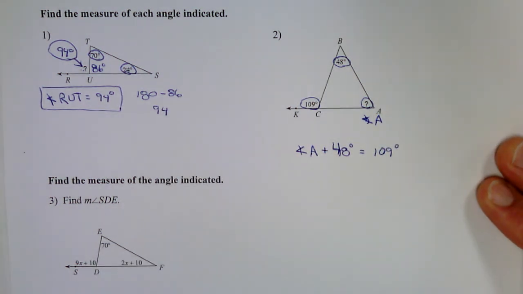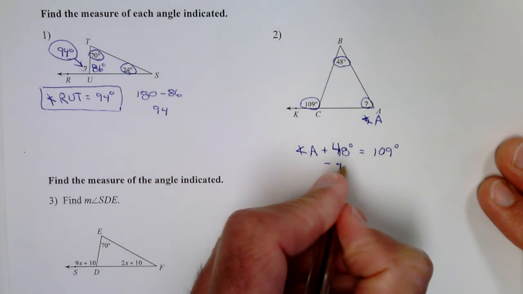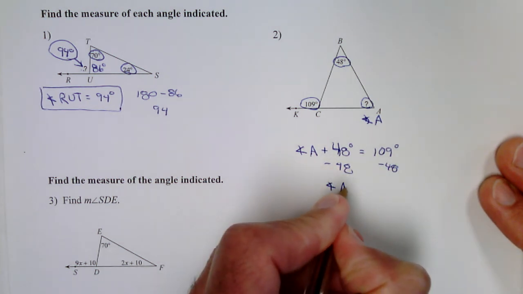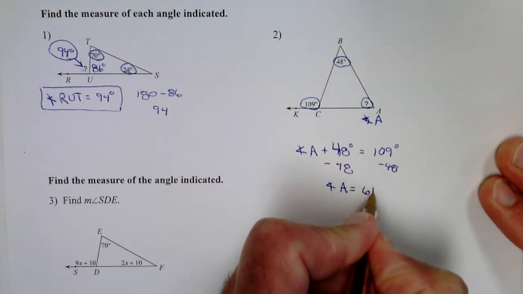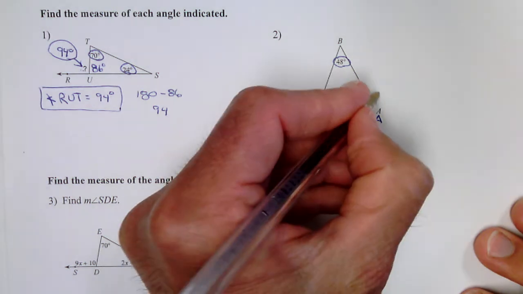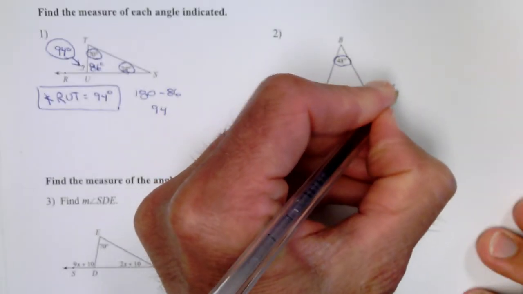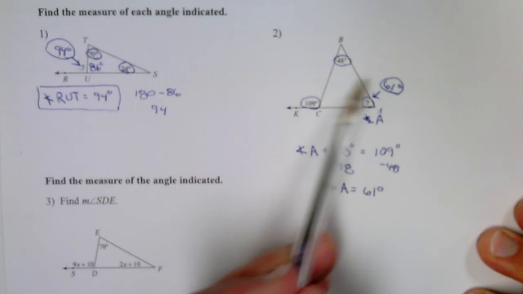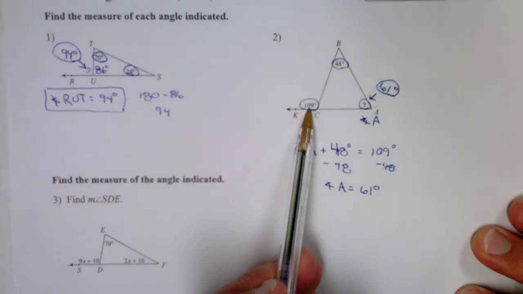And now I can solve that equation. Subtract 48 minus 48. Angle A equals, looks like that's 61 degrees. All right. Double check here. Yep, 61 degrees. So that means this angle right here is 61 degrees. These two angles added together gives you the exterior angle.